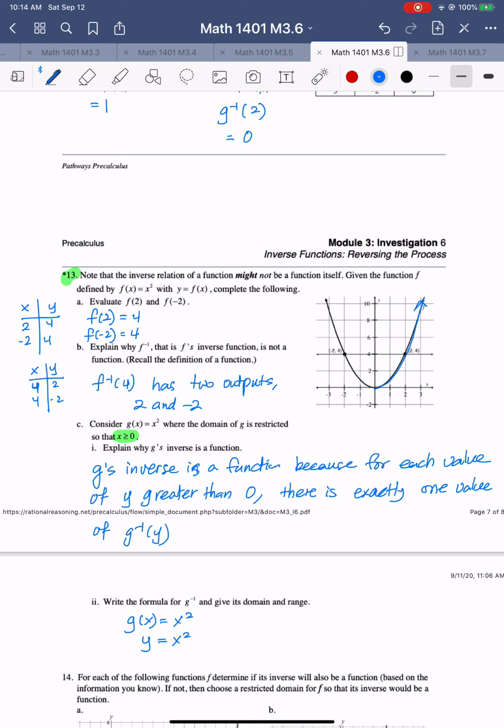Okay, so when you solve, x equals plus or minus the square root of y, and then x becomes the inverse notation of y, and since we only use x greater than 0, we only take the positive. So as a domain, it's going to be the positive numbers only, and the range is also 0 to positive only. Okay, so that's all for number 13. Thank you for listening.